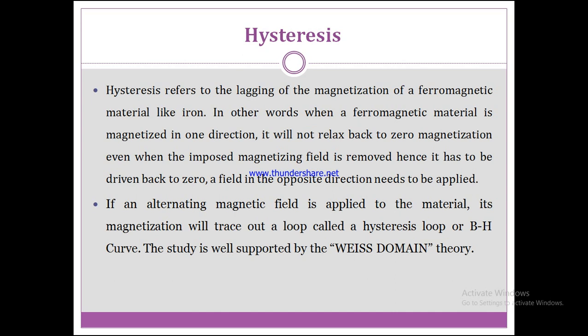In other words, when a ferromagnetic material is magnetized in one direction, it will not relax back to zero magnetization even when the imposed magnetizing field is removed. Hence, it has to be driven back to zero.